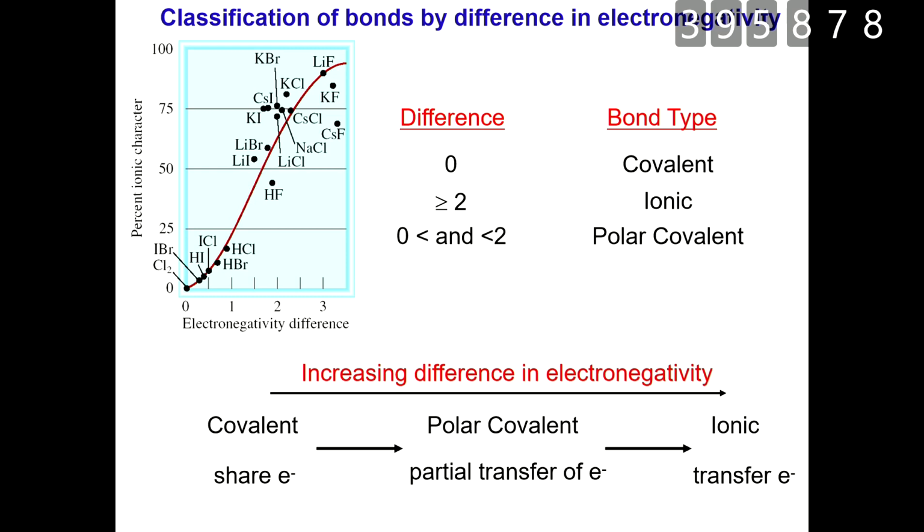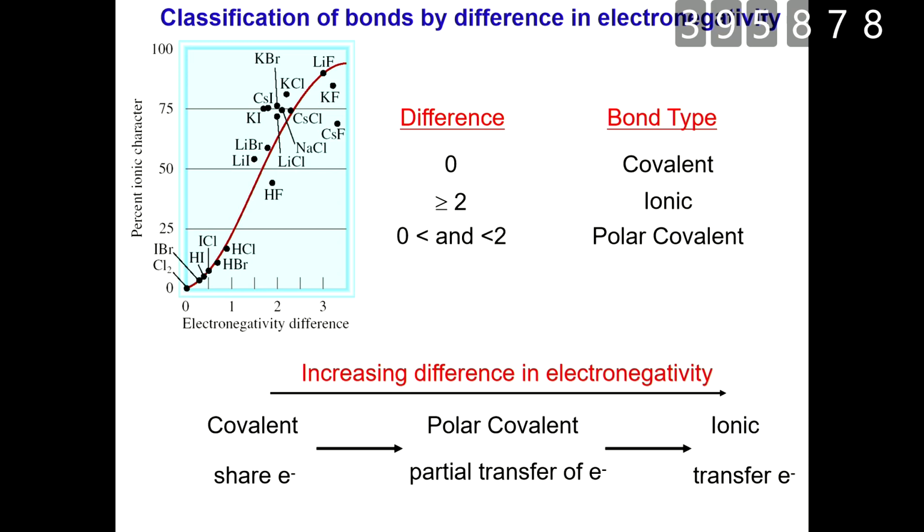Okay, so from here we can see that if the difference in electronegativity increases, the bond will change from covalent bond to polar covalent bond, and then to ionic bond. In an ionic bond, they transfer electrons.